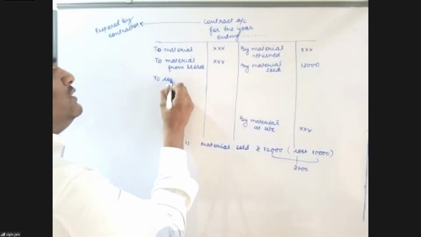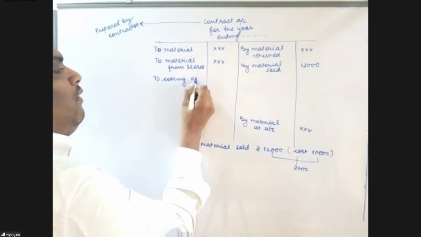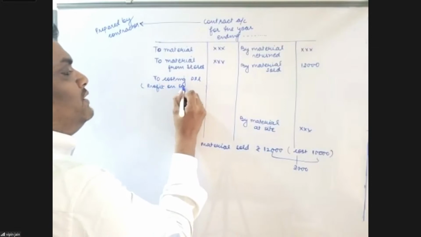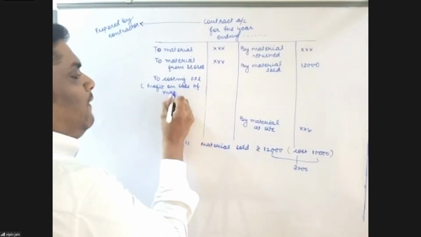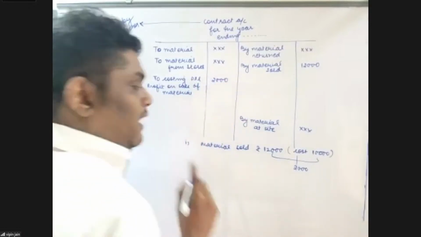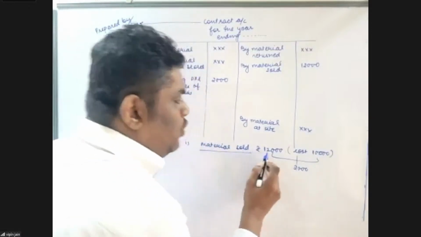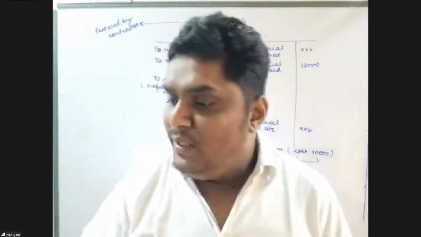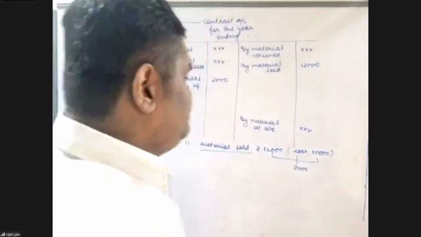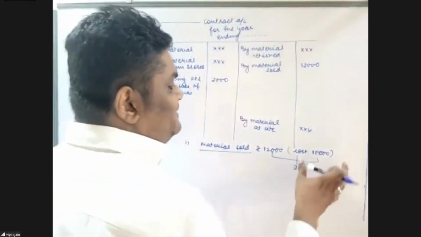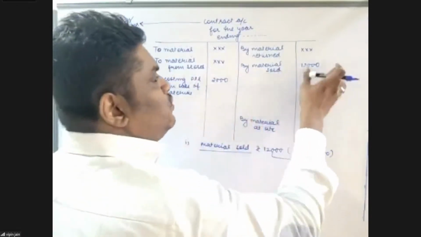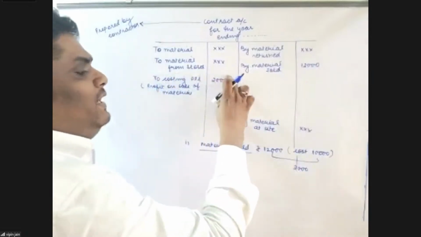So we'll write to costing P&L profit on sale of material, 2,000 rupees. I repeat again, if in the question it is given material sold rupees 12,000 and the cost of material is 10,000. So 10,000 का material 12,000 में बेचा. So by material sold 12,000 and to costing P&L 2,000.